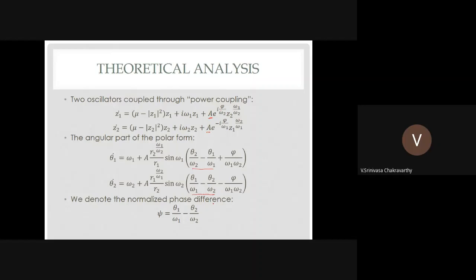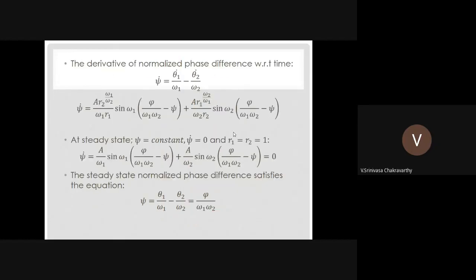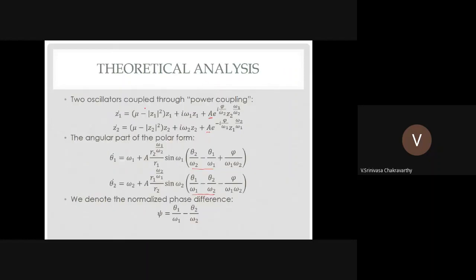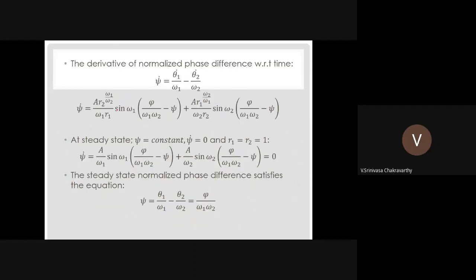So we call this the normalized phase difference, psi equals theta 1 by omega 1 minus theta 2 by omega 2. Therefore, psi dot is equal to theta 1 dot by omega 1 minus theta 2 dot by omega 2. If you plug theta 1 dot and theta 2 dot into this equation, divide by omega 1 and omega 2, you will have 1 here and 1 here, and if you subtract, that disappears. And therefore, psi dot is equal to this whole thing plus this whole thing.